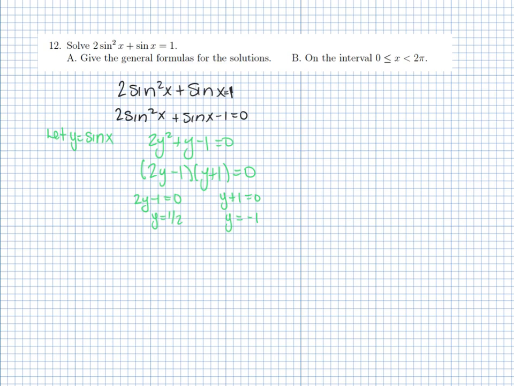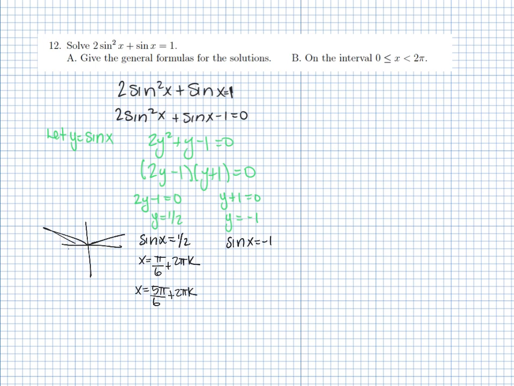But in fact, going back to remember that these actually had a value here that was sine x, we know that sine x equals 1/2, or sine x equals negative 1. So thinking about this, if sine x was 1/2, that's going to be here or here, and in fact, x is going to be pi over 6 plus 2 pi k, because the period of sine is 2 pi, or x is going to equal 5 pi over 6 plus 2 pi k.